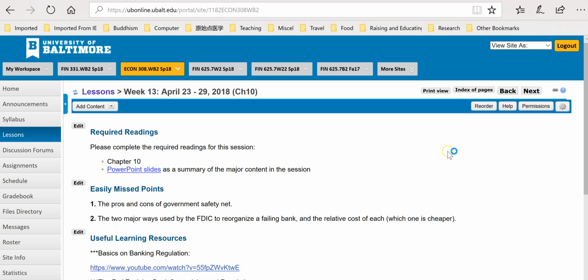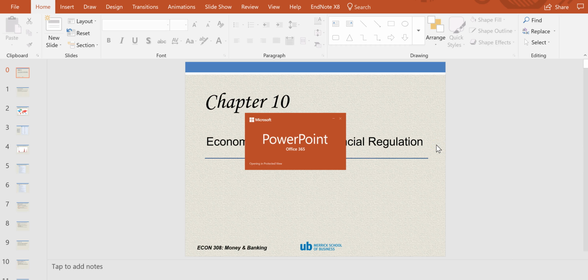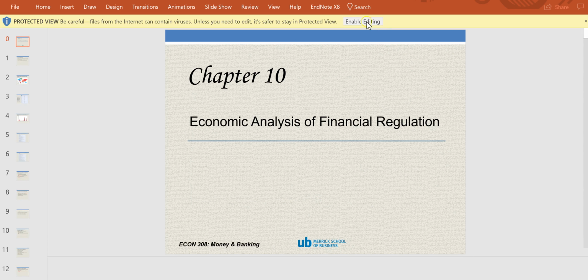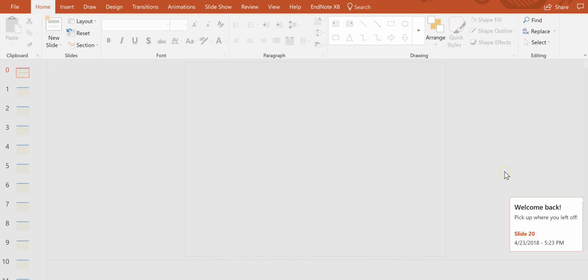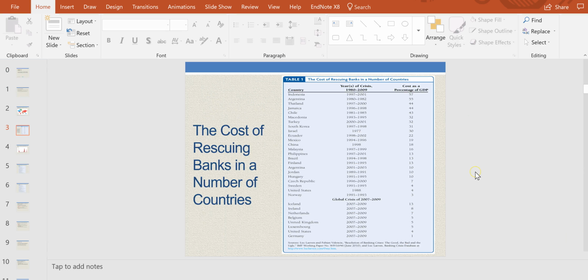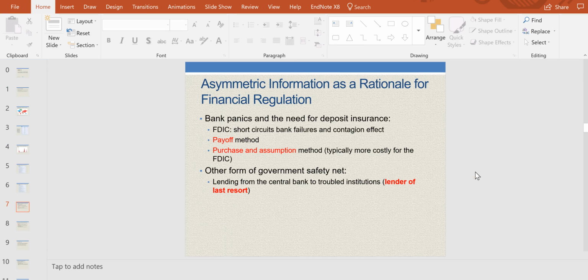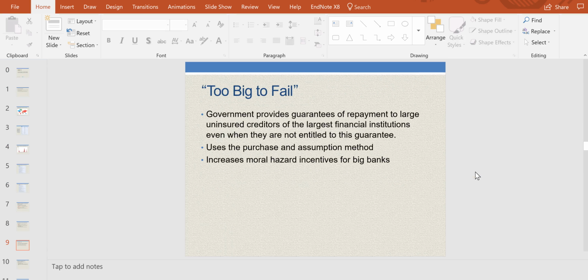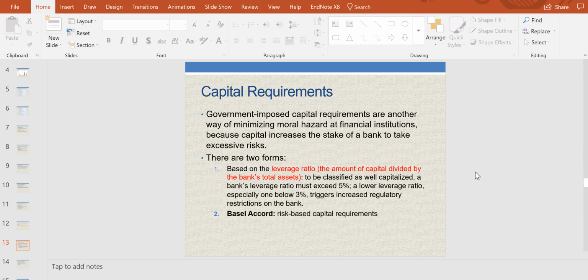So open that. And you can go to the capital requirement. You can see that this is on page 13 of the slides.